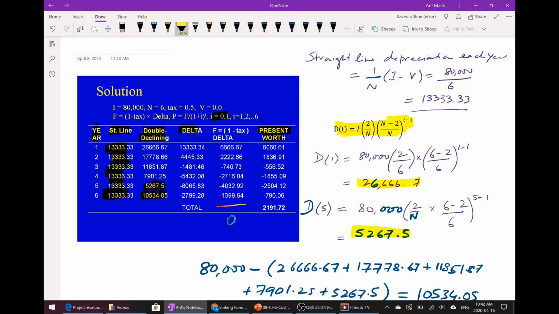This is the present worth formula: P is equal to F over (1 plus I) raised to the power T. And then if we add up all, this is the benefit coming, about $2,200, which is the benefit if we switch from straight line to double declining balance method.